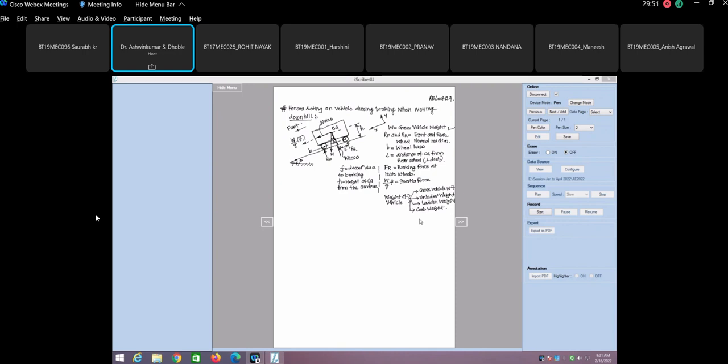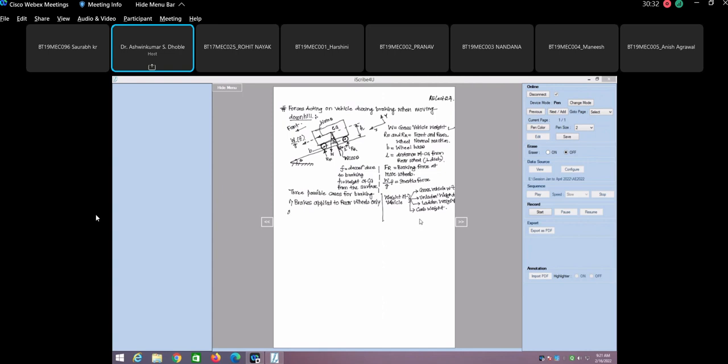Now coming back to the forces acting on the vehicle during braking when moving downhill, there can be three possible cases for braking. The first case is brakes applied to rear wheels only.